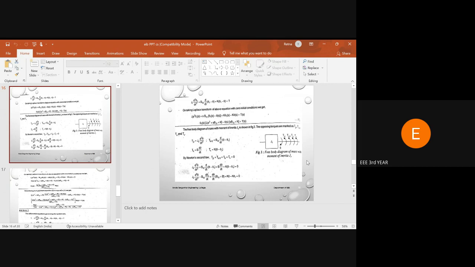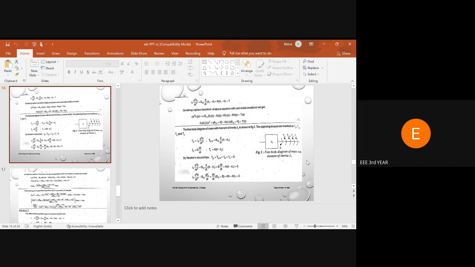Opposing torque due to moment of inertia, TJ2 equal to J2 into d square theta divided by dt square, and similarly TB12 equal to B12 into d(theta minus theta 1) divided by dt, and TB equal to B into d theta divided by dt, and TK equal to K into (theta minus theta 1). Substitute this formula into Newton's second law equation. Finally, we get J2 into d square theta divided by dt square plus B12 into d(theta minus theta 1) divided by dt plus B into d theta divided by dt plus K into (theta minus theta 1) equal to 0.